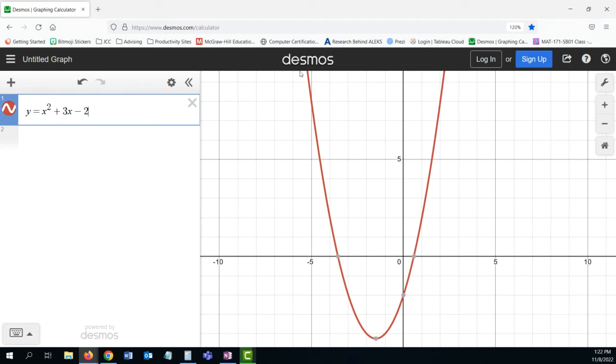The end behavior is what happens as x goes off toward negative infinity, and what happens as x goes off toward positive infinity. Okay, so when I look at this parabola, this first term is squared. The second term is multiplied by 3, and then the last term is a constant.